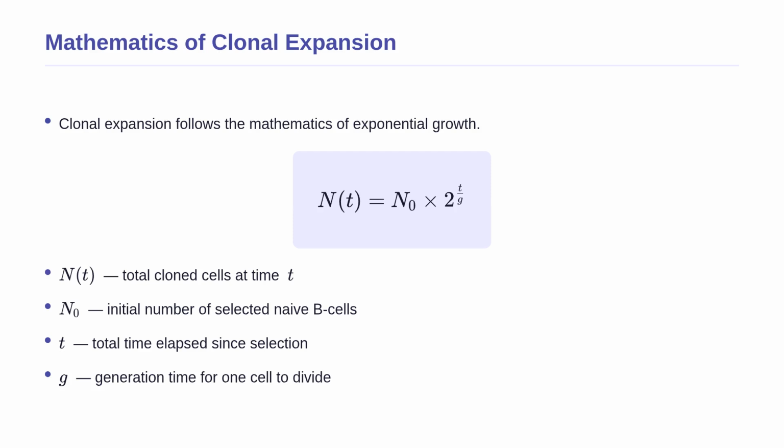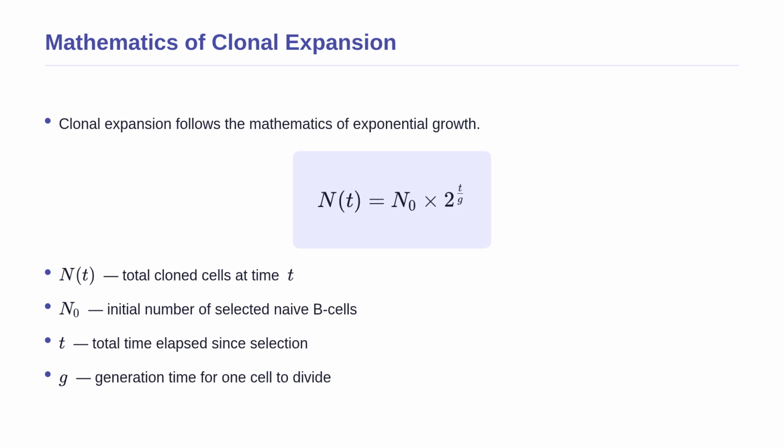Having seen the biological importance, let us look at how we can quantify this process. While immune theories are highly biological, the rapid multiplication of selected cells can be perfectly described using the mathematics of exponential growth. The formula is N(t) = N0 × 2^(t/g).